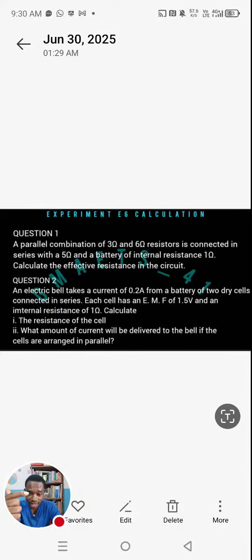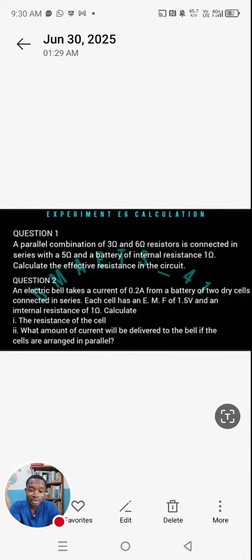So part II of this question is now asking, what amount of current will be delivered to the bell if the cells are now arranged in parallel?